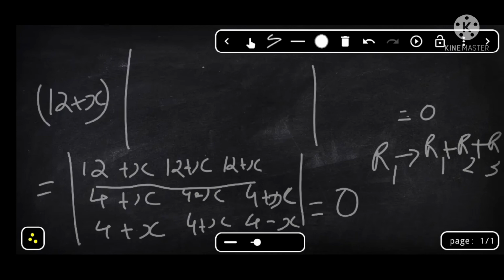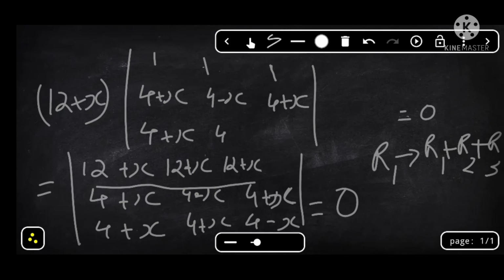So it is going to be 1, 1, 1, right? 4 plus x, 4 minus x, 4 plus x, then 4 plus x, 4 plus x, 4 minus x.